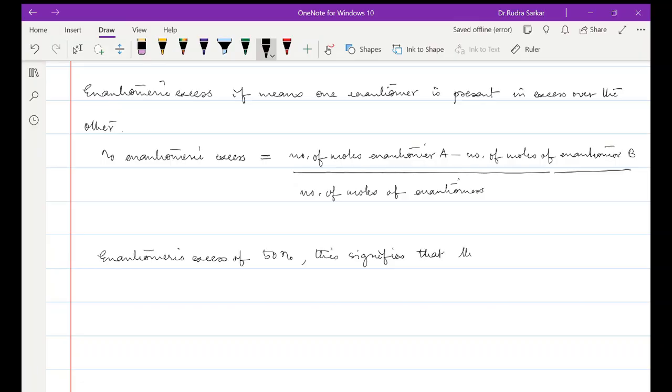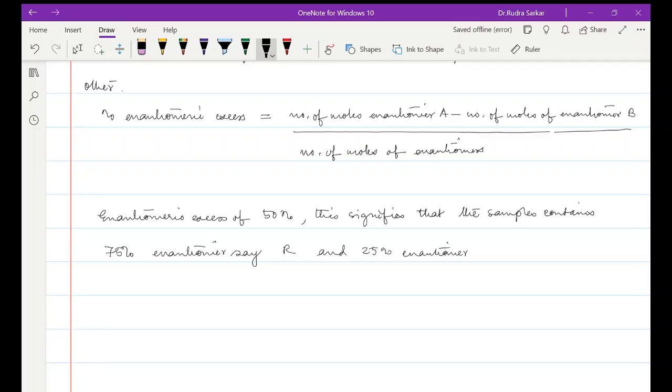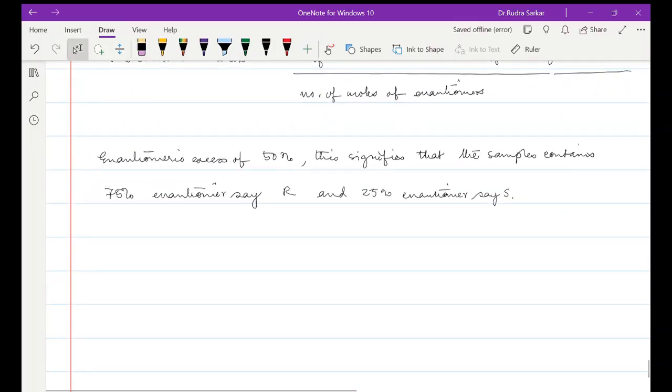That the sample contains 75% of enantiomer, say R, which is the absolute configuration, and 25% of enantiomer, say S. Okay, this is what it means.